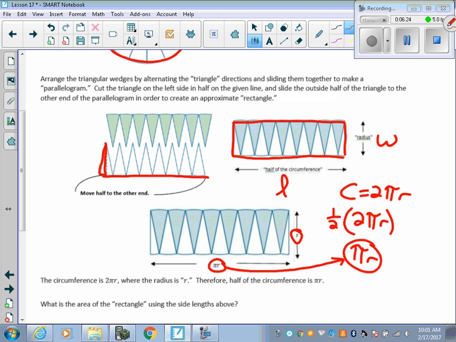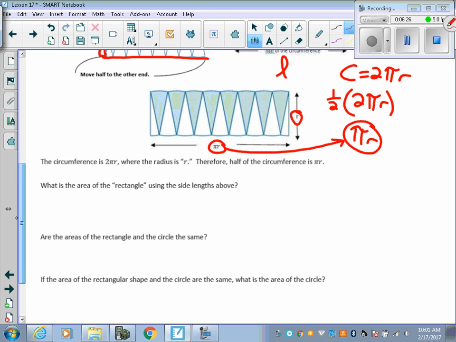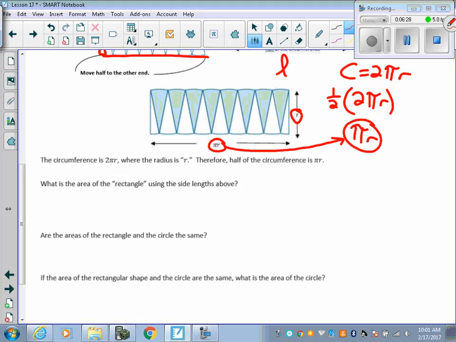Well, as we know, area equals pi r squared. So therefore, area of a rectangle equals length times width. So the area equals length, pi times r, times the width, which is r. And when you have r times r, we're just going to put it down as area equals pi r squared.